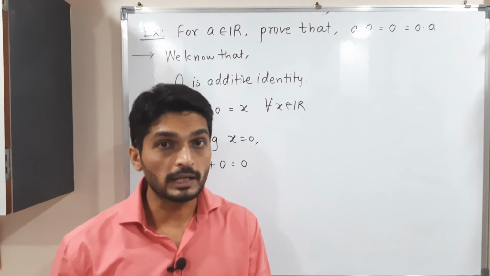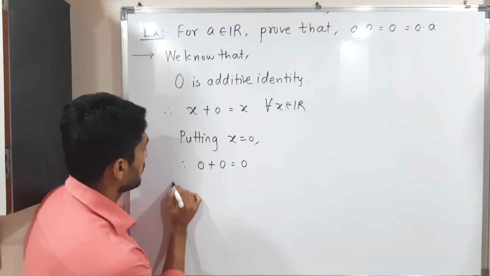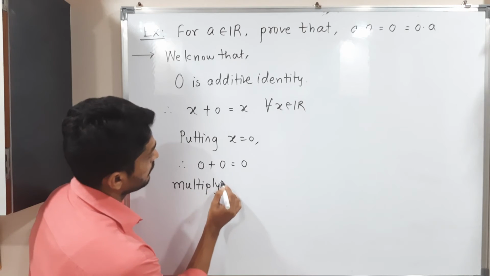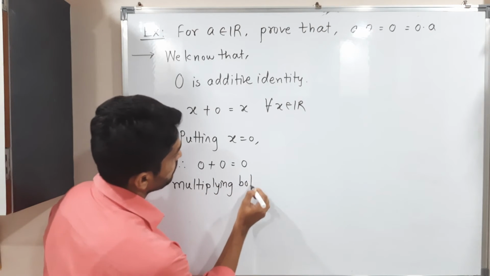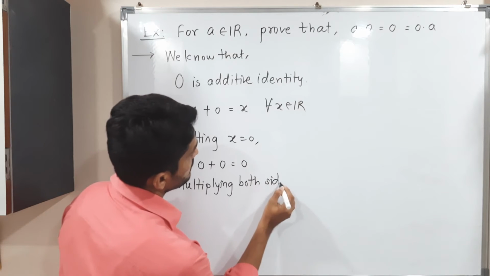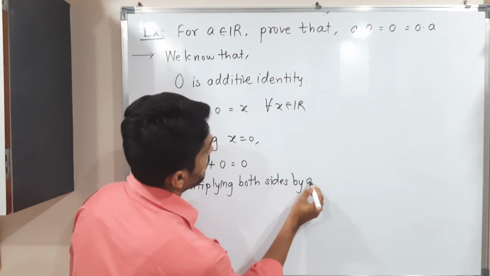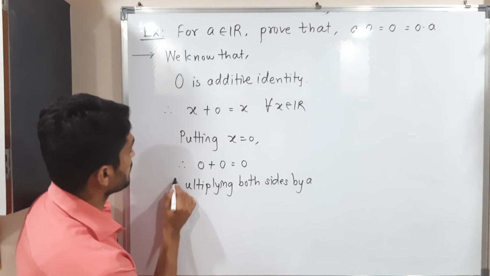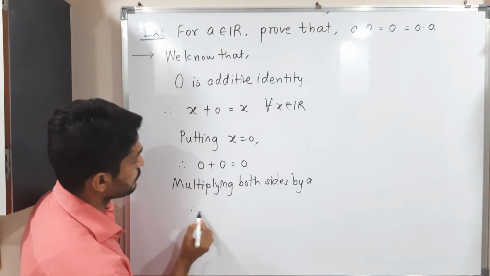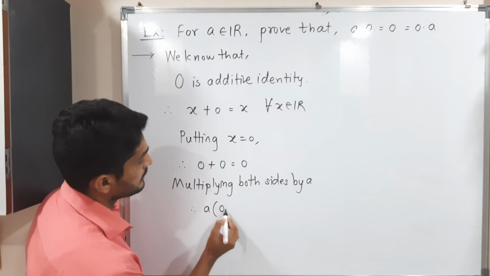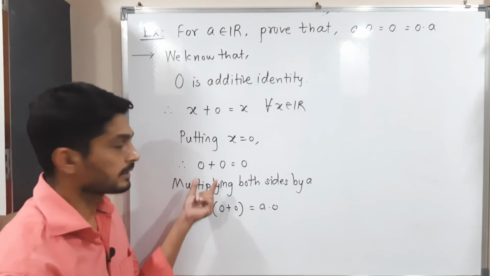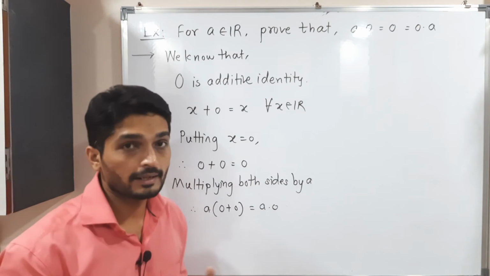Now I am going to multiply both sides by a. So what will you get? a into 0 plus 0 is equal to a into 0. I have multiplied the left hand side by a and the right hand side by a.